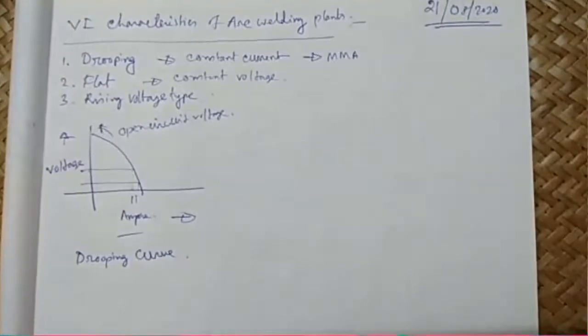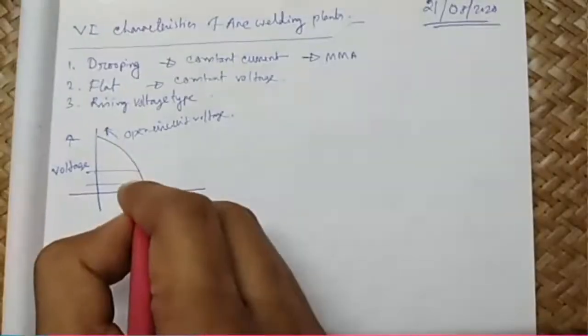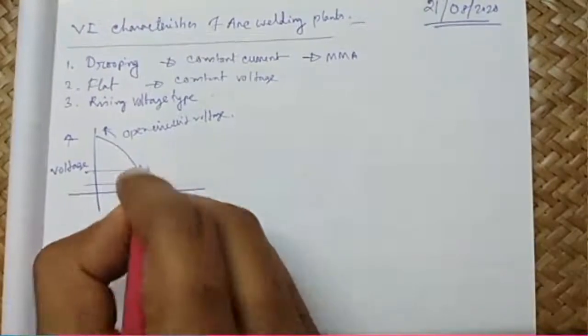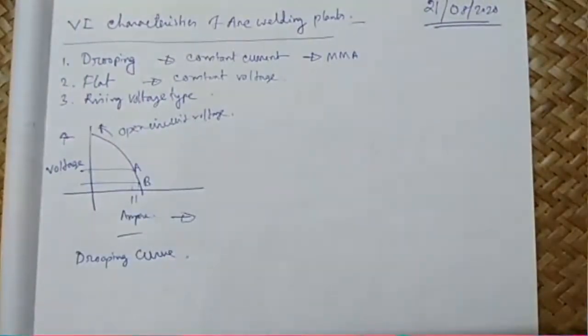Suppose we are going from a shorter arc B to a longer arc A, that means when you are welding, you are shifting your electrode away from the workpiece, the gap increases and the arc length becomes longer.